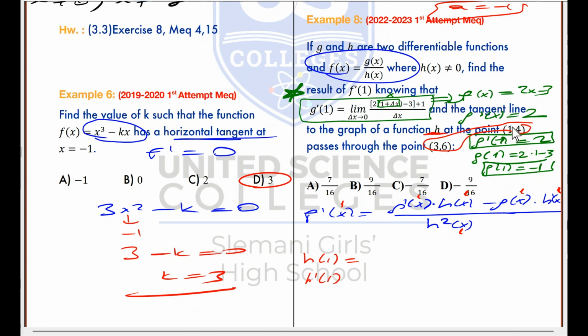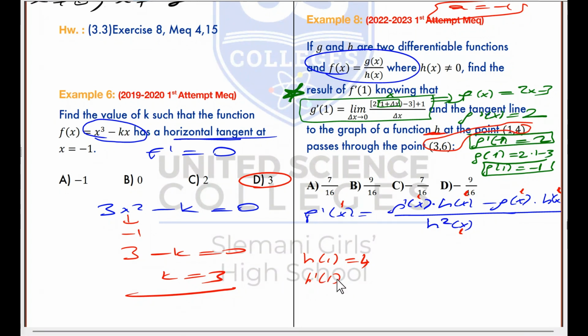So for h of 1, the first point will give you the value. If your x is 1, your y is 4. It's obvious, clear on the point. h of 1 equals 4. No need to do anything. It's already there, crying out to be here.